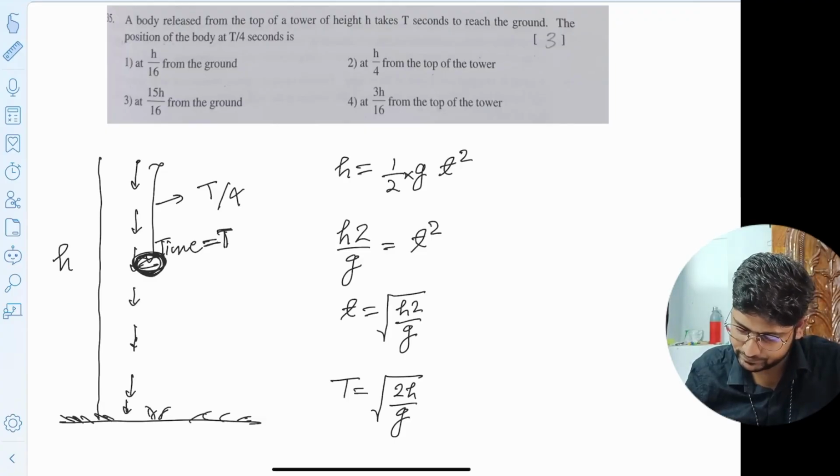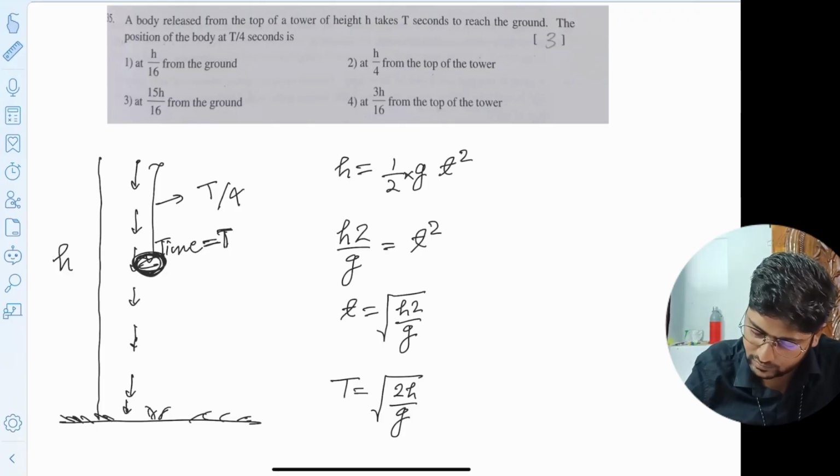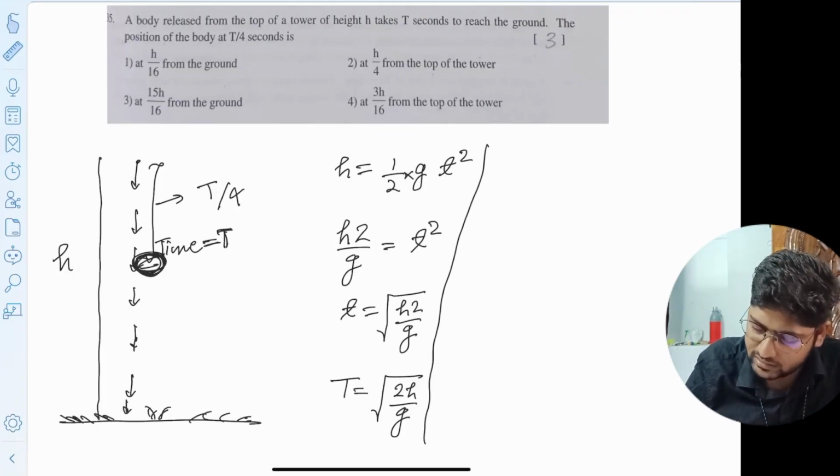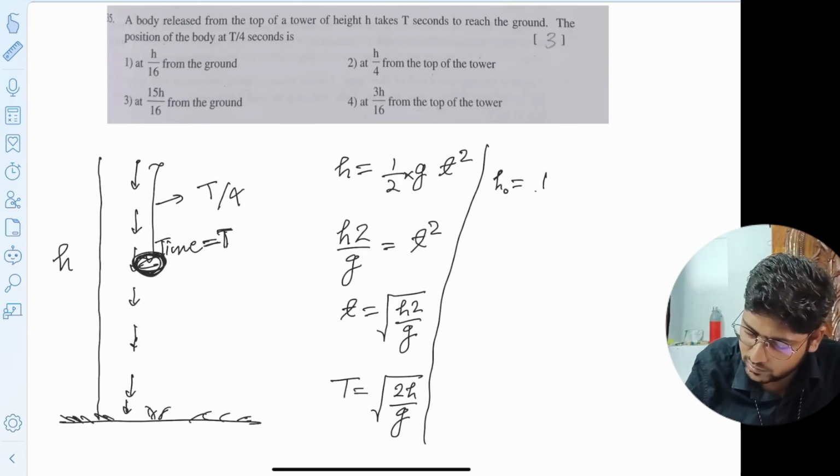So the distance covered in time T by 4, we can say h naught, equals half into g into T by 4 whole square.